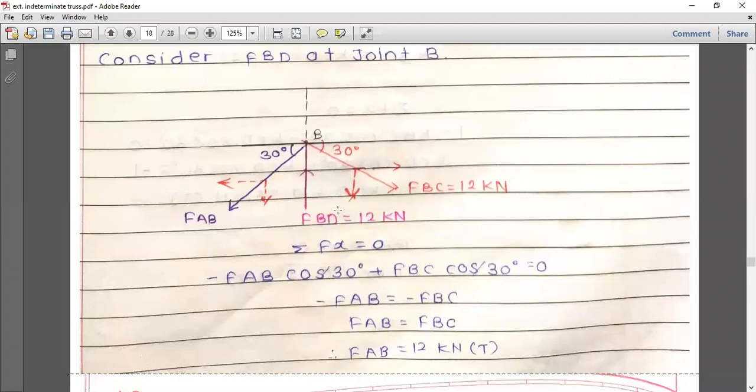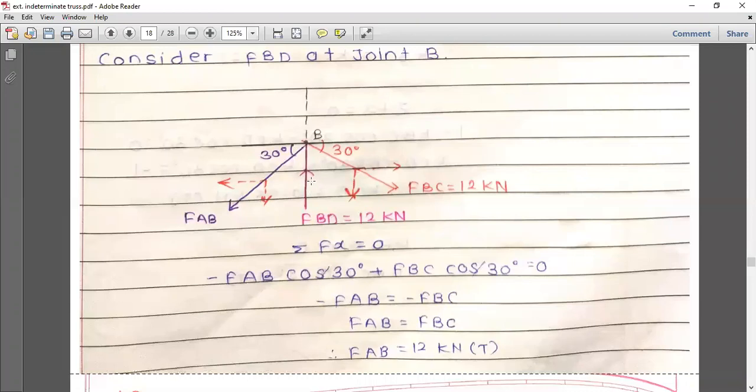And force in member BD we have got previously as 12 Newton compression. So compression means arrow towards joint. Whatever we have got previously, that is the final answer. That answer we have to take over here.